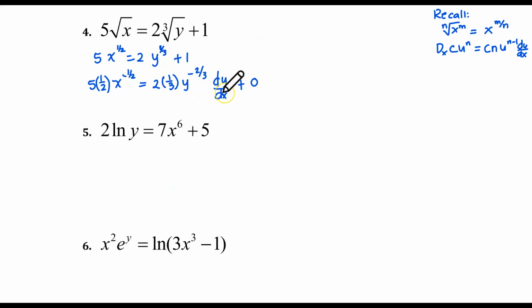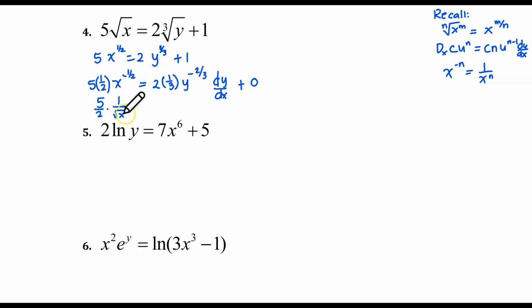Now, before we solve for dy dx here, let us first remove the negative exponent. If you remember, if you have a negative exponent, so x to the negative n, that is just equal to 1 over x to the n. So we will apply that here. We have, again, 5 times 1/2 will be 5 over 2 times, this one here becomes 1 over the square root of x, because you have a negative exponent.